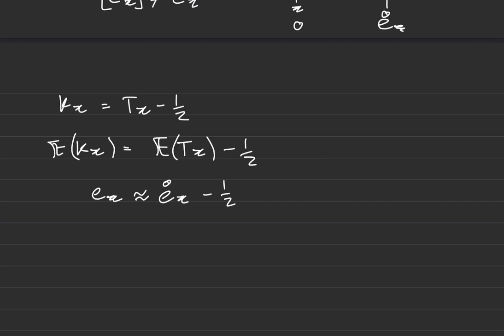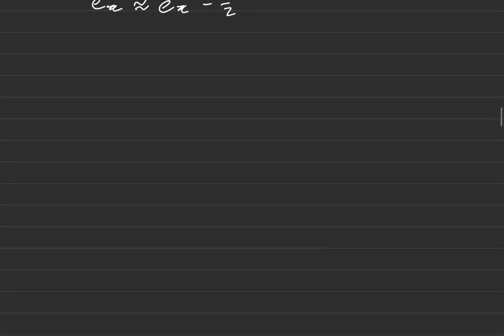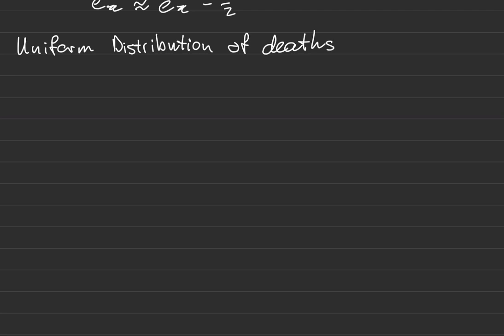Okay, now there's some other concepts that I want to go through, and one is uniform distribution of deaths, and the other one is a constant force of mortality. So bear with me, these are slightly more complicated than the things that we've been doing. So let's say uniform distribution of deaths. This is going to be a long video. So here I have the PDF, tp_x times mu_{x+t}.